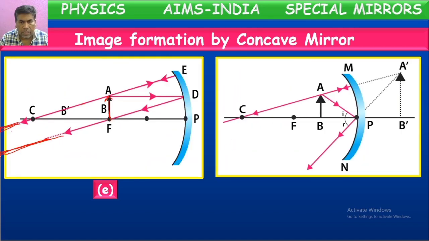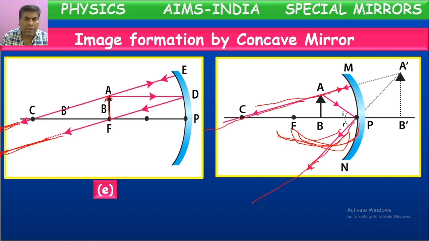Fifth case, and last case, when the object is between focus and pole, the reflected rays appear to be diverging. If we extend them on the left side, they will never meet.